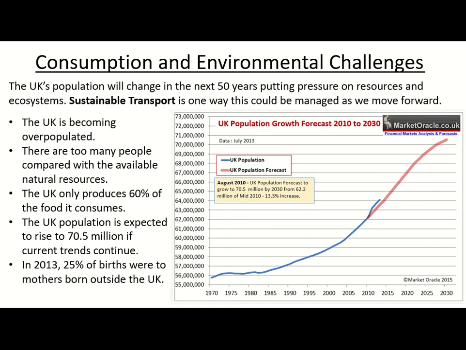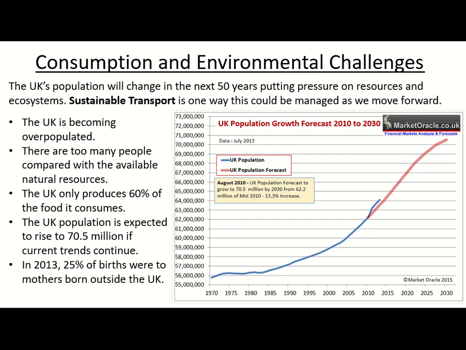Okay, but also immigration is a factor, and something we're going to have to look at in a bit more detail. So in 2013, 25% of births were actually to mothers born outside the UK. So people that are essentially migrants contributed 1 in every 4 of the births in the UK, and that is just not a witch hunt.